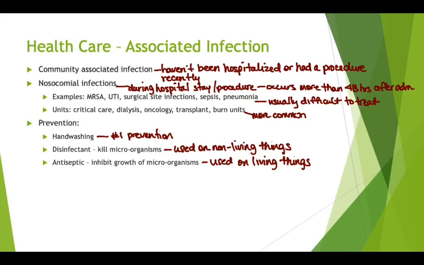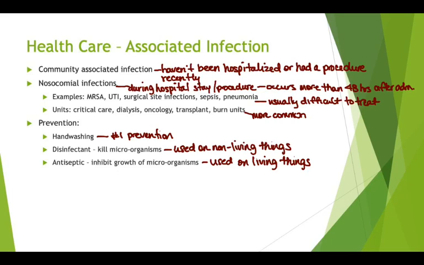And when a hospital's rates of nosocomial infections are really high, the first thing they do is start a whole campaign on hand washing, making sure that the nurses and the staff and everyone is washing their hands, because it is the most important way of preventing these types of infections.